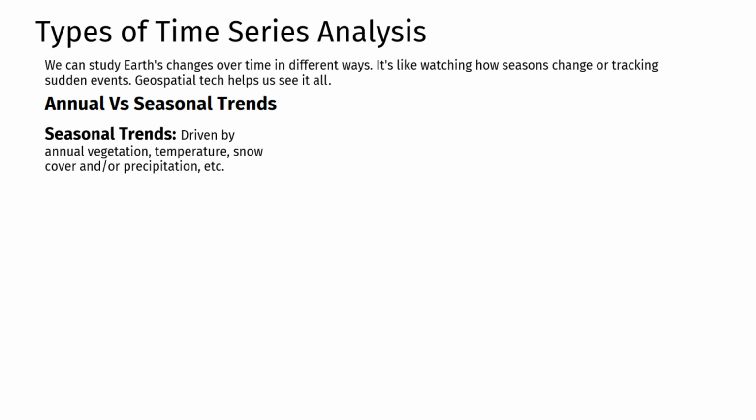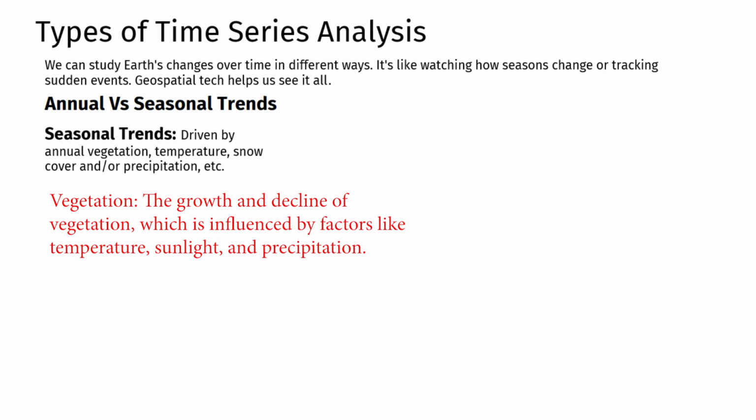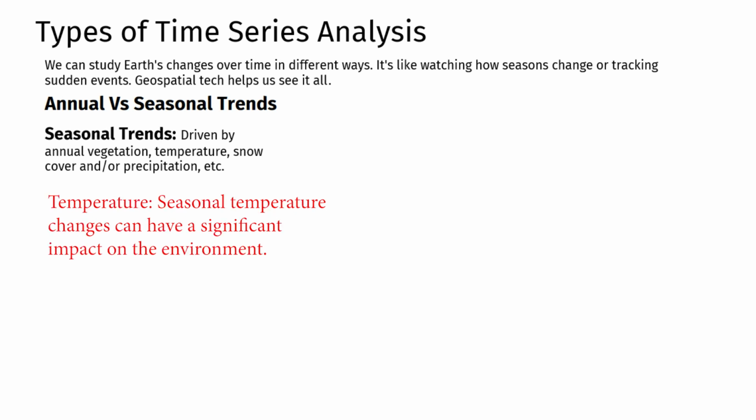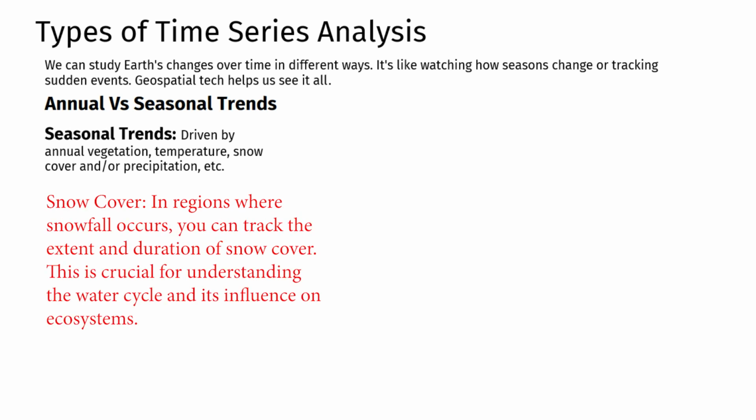Seasonal trends often relate to vegetation, the growth and decline of vegetation, which is influenced by factors like temperature, sunlight, and precipitation. Temperature. Seasonal temperature changes can have a significant impact on the environment. Snow cover. In regions where snowfall occurs, you can track the extent and duration of snow cover.